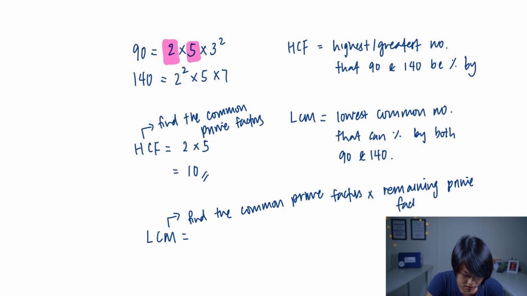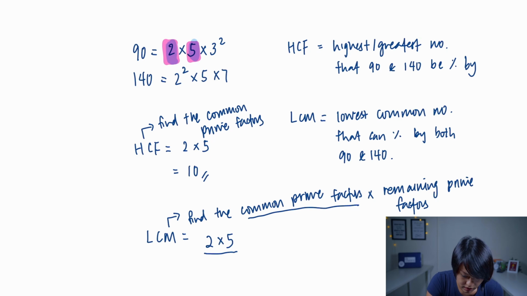I'm going to use blue to show you. Between 2 and 2 square, the common prime number is 2, so you put 2. Between 5 and 5, the common number is also 5, so put times 5. Finding the common prime factors is the same as your HCF.